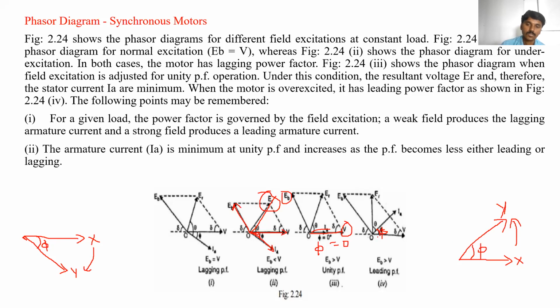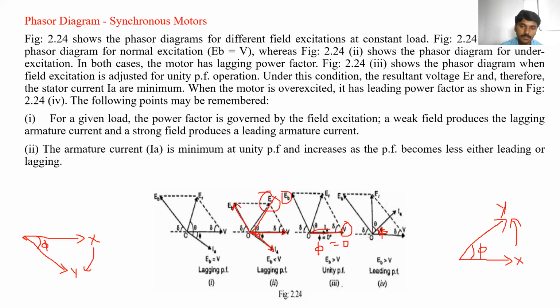So here also, with a leading power factor, the current leads the excitation voltage with some angle phi. The back EMF and applied voltage are the same, and we get the resultant voltage like this. But the angle between this resultant voltage and current will change.